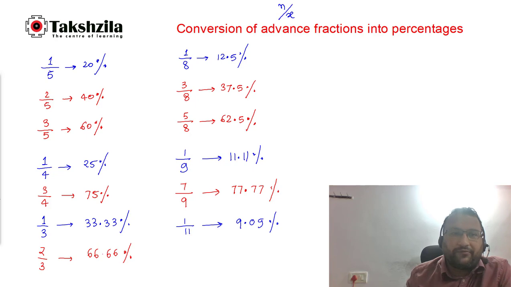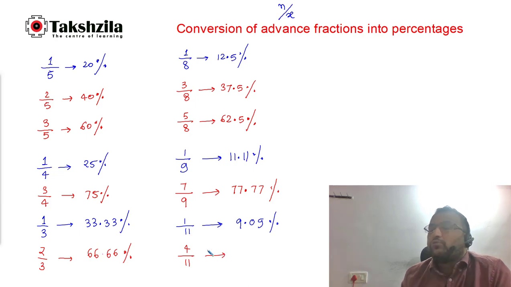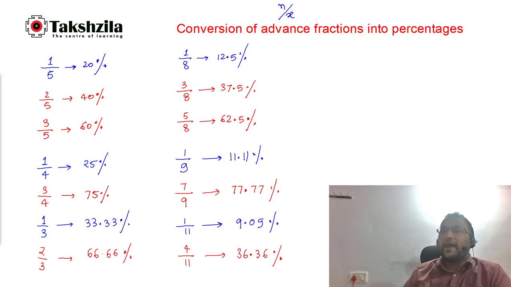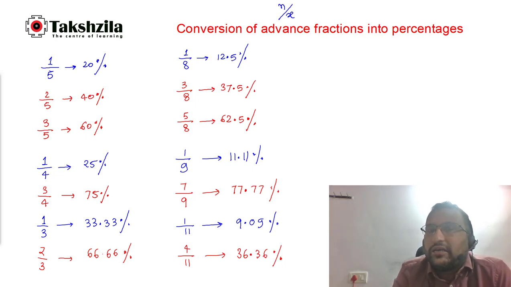Now, if I get 4 marks out of 11 marks, I will be getting 4 into 9.09, that is 36.36%. So you can do this easily only if you remember the basic fractions.